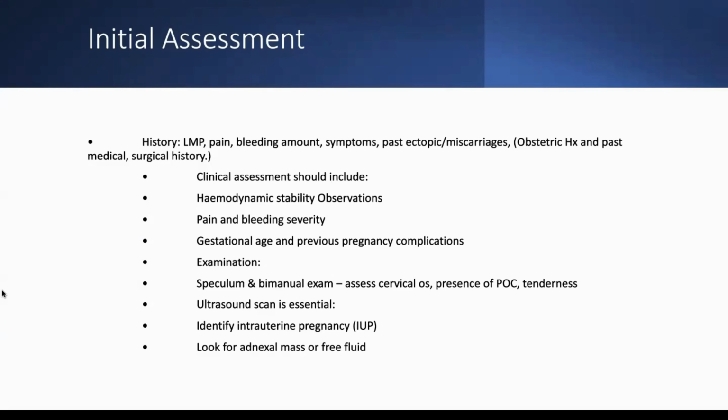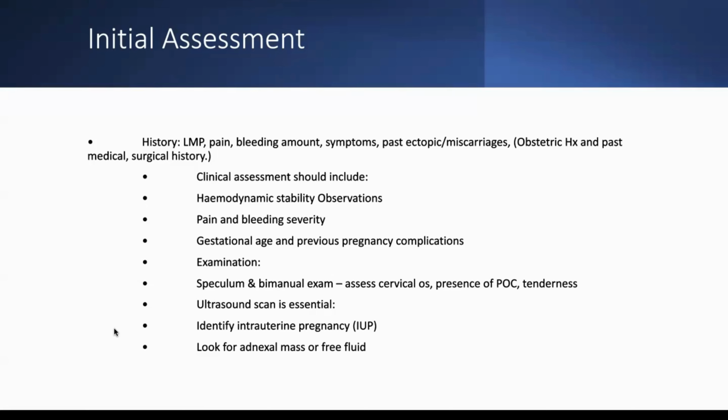Any past ectopics, a detailed obstetric history and past medical and surgical history, because this will change the management. Also the hemodynamic stability, the observation of the patient, the severity of the pain and bleeding, the gestational age, and whether they've had previous pregnancy complications, like previous ectopic or previous molar pregnancy, and the examination. Basically, examination is the abdominal examination and speculum examination.